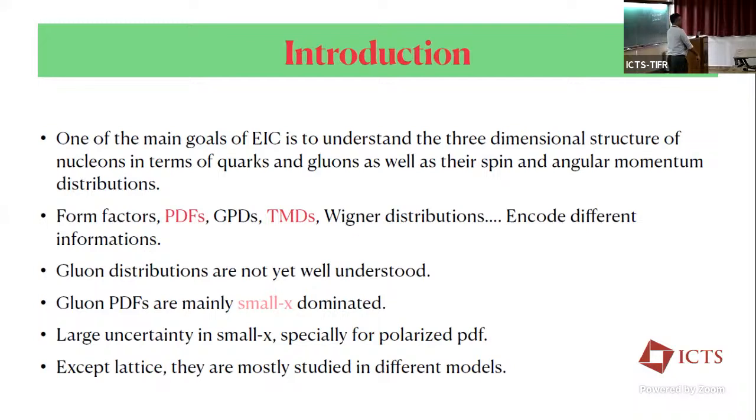We don't have first-hand information from QCD calculations of these distributions except from lattice. There are many QCD-motivated model results available, but most of the studies are done for quark distributions. Gluon distributions are not as well understood or investigated to such an extent.